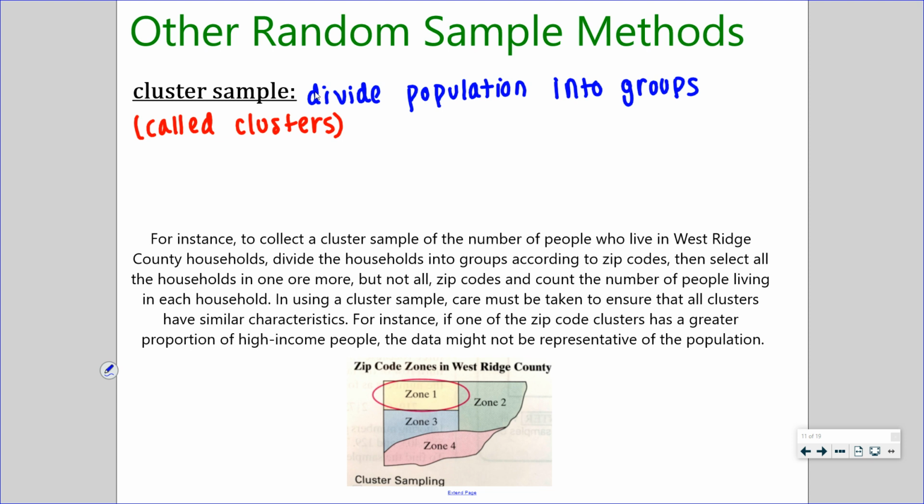These are usually clustered based on convenience. In this example, they cluster them by zip codes: this group lives really close together in these neighborhoods, zone 1, and we cluster together these in zone 3, zone 4, and zone 2. You can still cluster them according to a characteristic if you wanted to, but usually for clusters, you just conveniently group people.